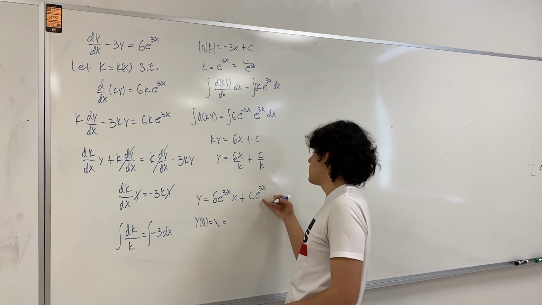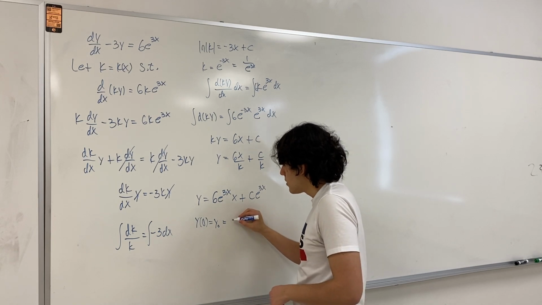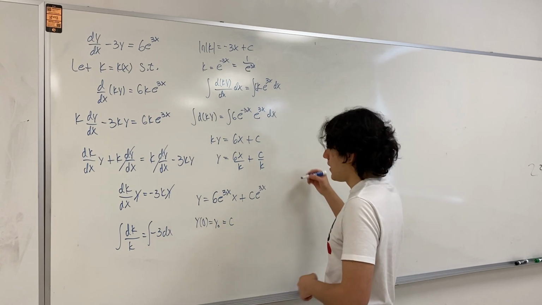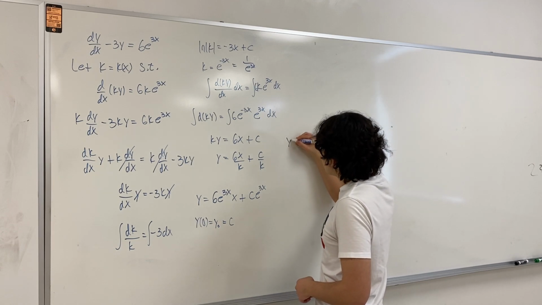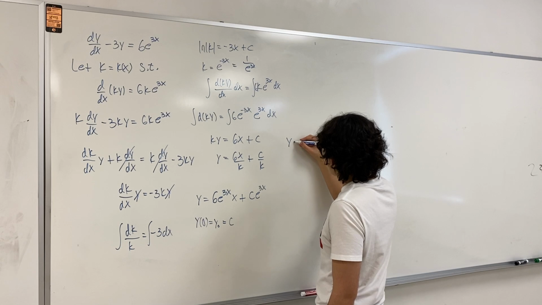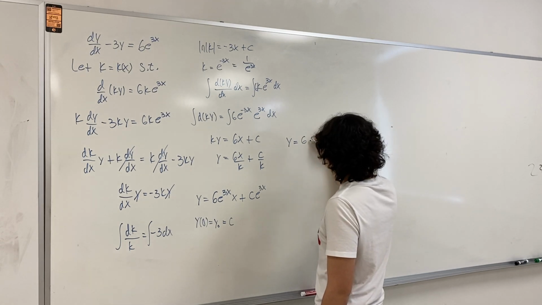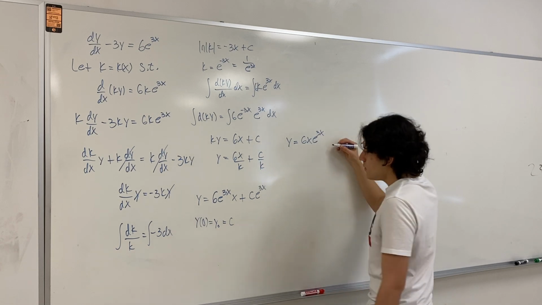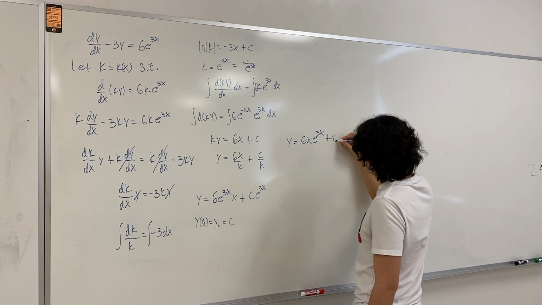And then we have c times e to the 0, that is c. So we have y naught. And that means that our final solution, our particular solution, if you have an initial value of y at x equals 0, should be 6x e to the 3x plus y naught e to the 3x. Okay?